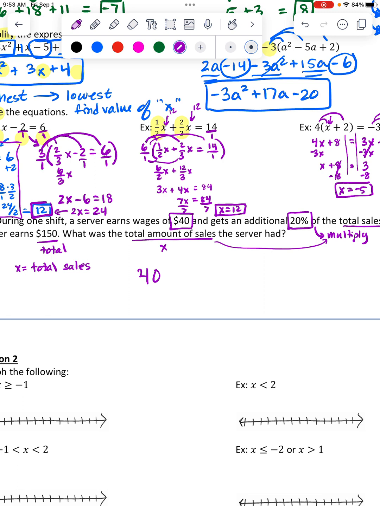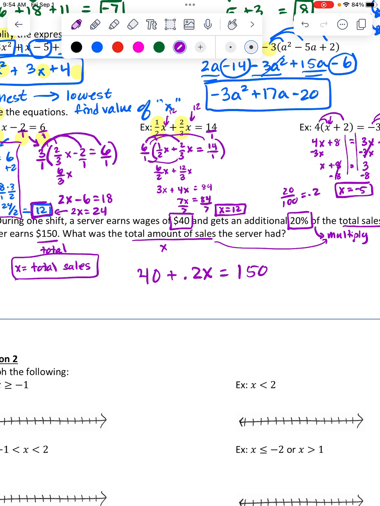That's your wage. It says an additional, so I'm going to be adding. 20% is 20 out of 100, so that really turns into 0.2. And you're getting 20% of the total sales, but we don't know the total sales, so we say 20% of x. And then you ended up getting paid 150 bucks.